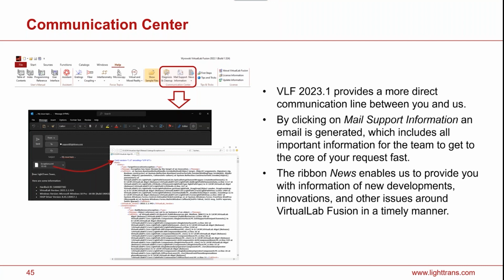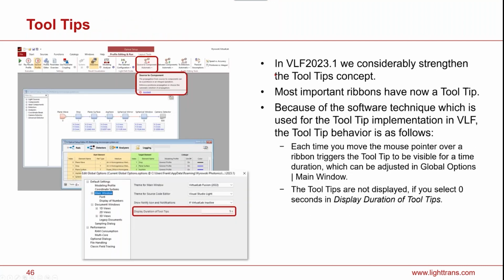We can inform you there about a new detector maybe, new detectors are there, new detector add-ons are there, even between the releases, we can inform you about that, or other nice examples we have done, or whatever. So it also helps us to have a direct communication with you. Of course, transparent and control. You can, of course, not use this file support information if you don't like, and you also can switch off the news, of course.